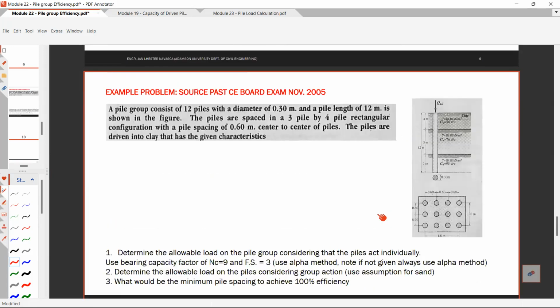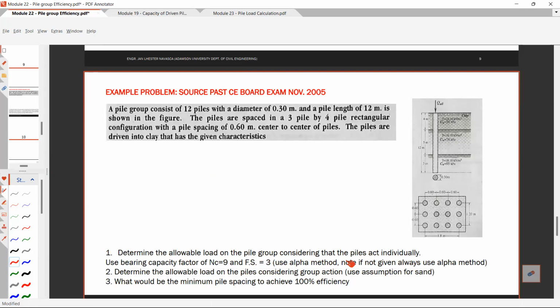So again, determine the allowable load on the pile group considering that the piles will act individually, using a bearing capacity factor Nc of 9 and a factor of safety of 3. Use the alpha method. Note, if not given, always use the alpha method.